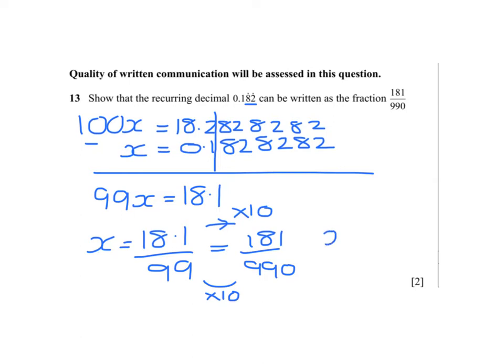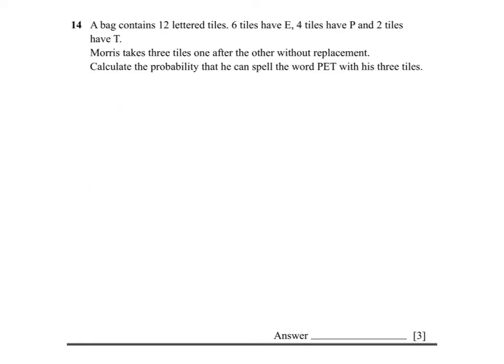So that leaves me with x equal to 181 over 990, and at the start we said that was 0.182 recurring.